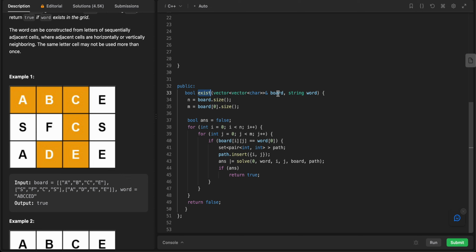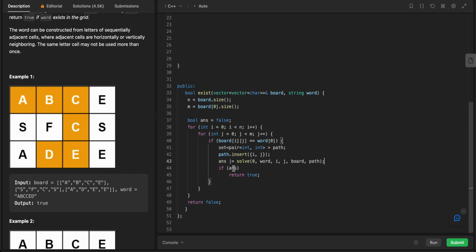Just board, word and m. Set the answer as false, for every row, every column, if this is word 0, if these two match, then I will start my search. Take a path, insert that IJ and go to solve. Answer is equal to solve.